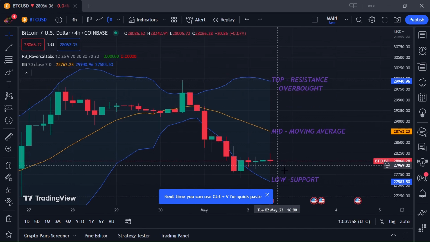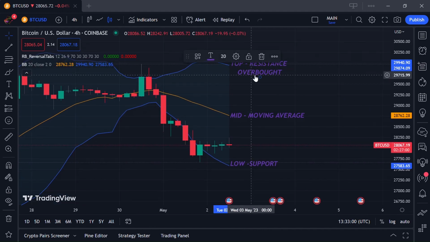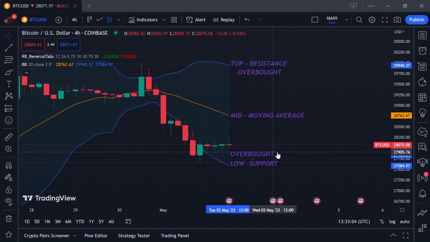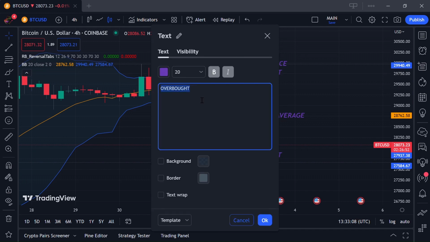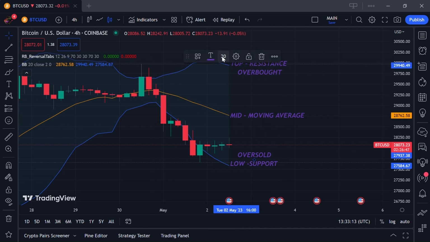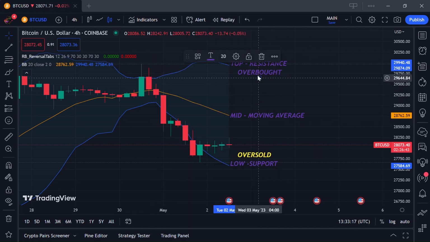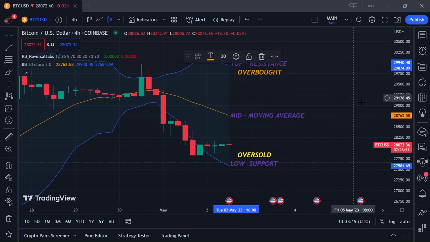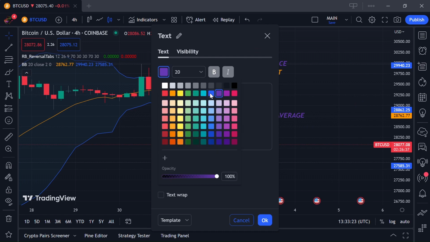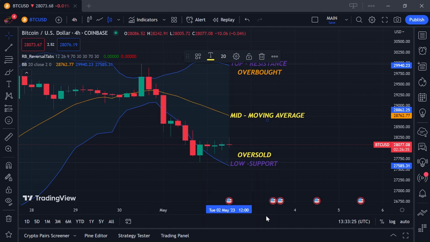And if it's low here, you can say that it is being oversold. I'll just change the color to make it more simple. Overbought, oversold, makes sense, right? This is the moving average. You can make this color yellow.